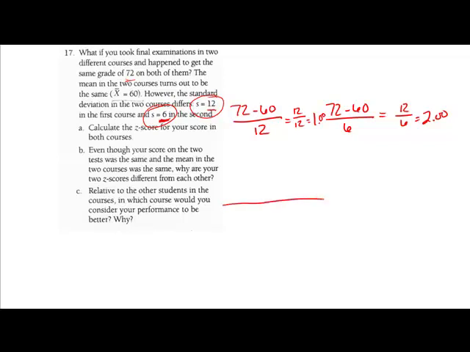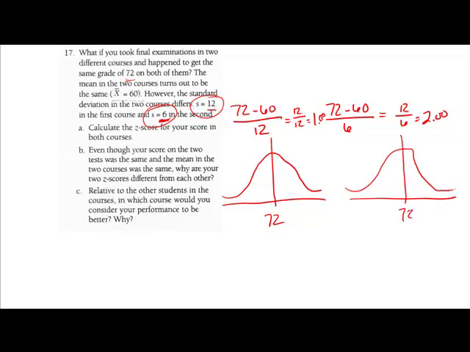That's easy. I'm better when I'm further away from the mean. In the first test, I was 1 standard deviation unit away, which when I look up a 1 in my table, that's 8413.